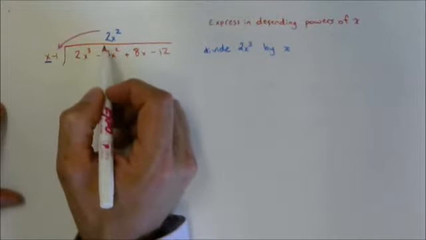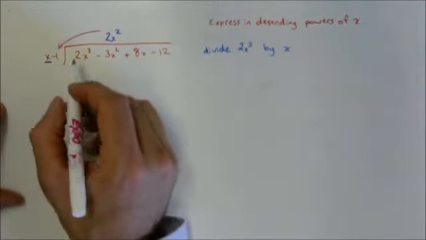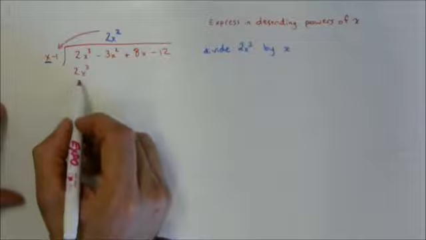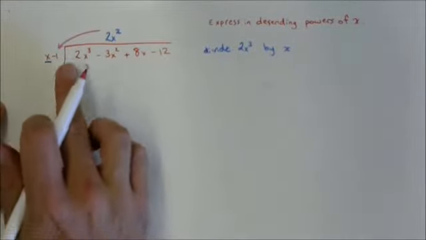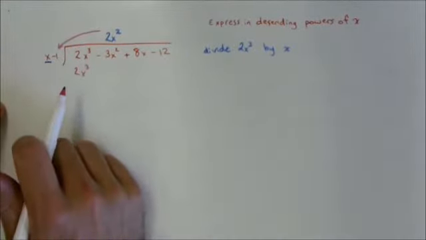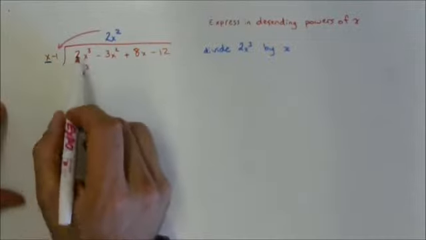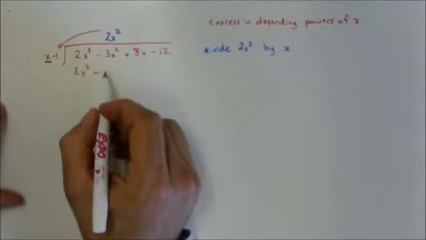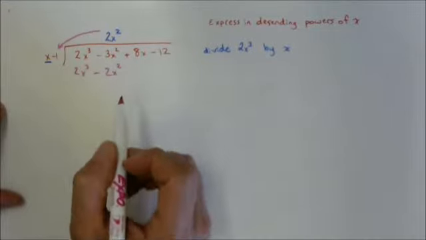That gets you the exact same thing you started with. So you've got 2x squared times x, which is 2x cubed. For this one, you will always get the exact same thing that you started with. Otherwise, you didn't do it right. This will always cancel out that term. Then we have 2x squared times negative 1, which is negative 2x squared.